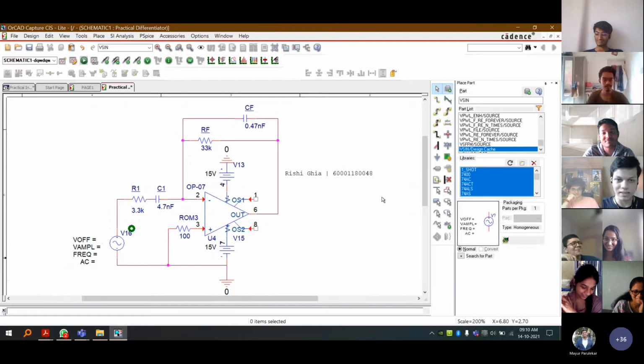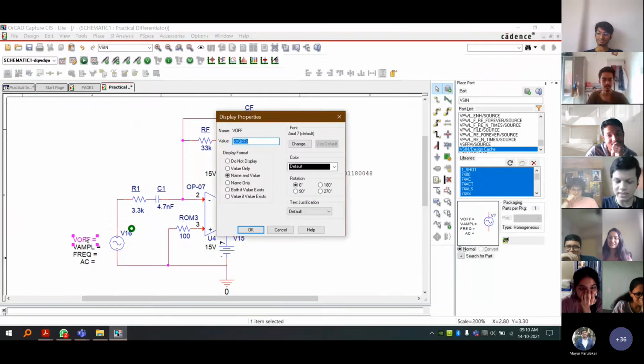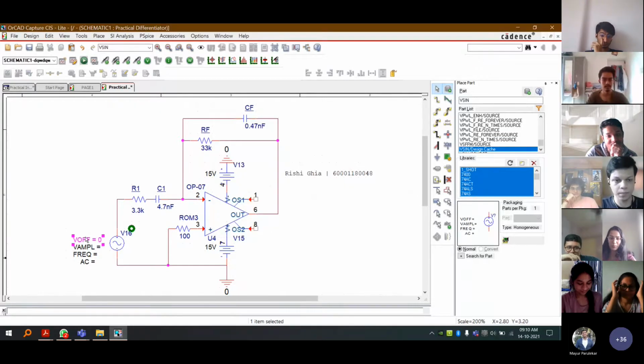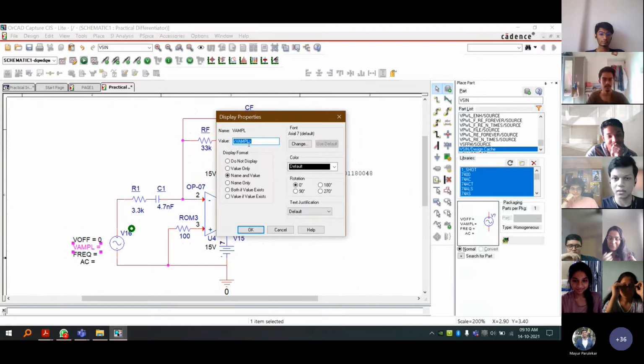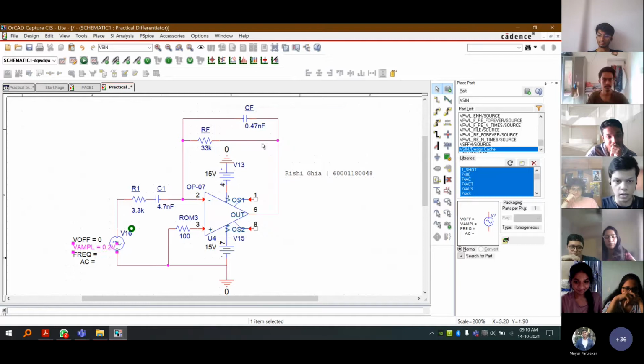Moving on. So V off is going to be the V offset. It's generally considered to be the DC offset, which we do not want at all. So we're going to make that 0. VAMPL is the amplitude, which in this case, let us take to be 0.2 volts.